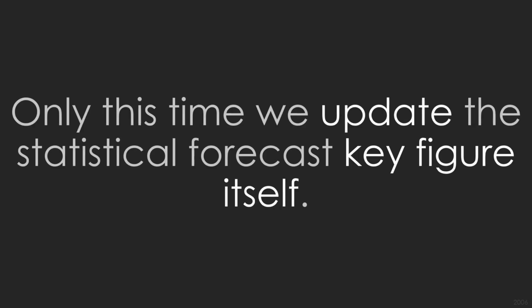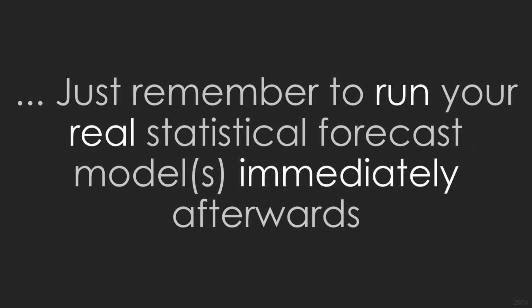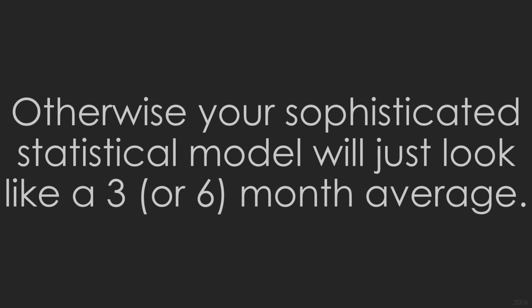Only this time we update the statistical forecast key figure itself. Just remember to run your real statistical forecast model immediately afterwards. Otherwise, your sophisticated statistical model will just look like a 3 or 6-month average.